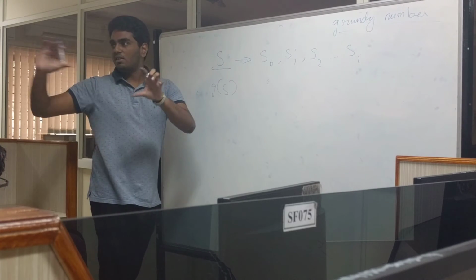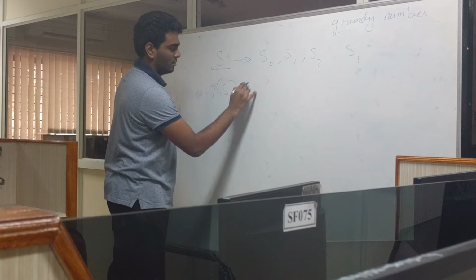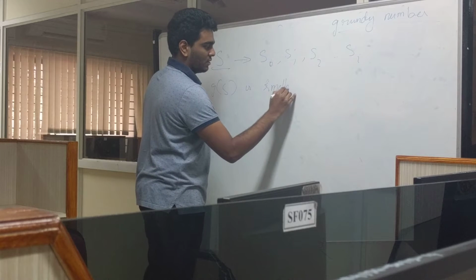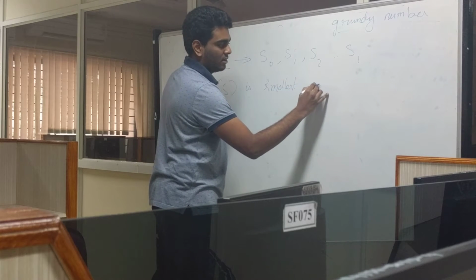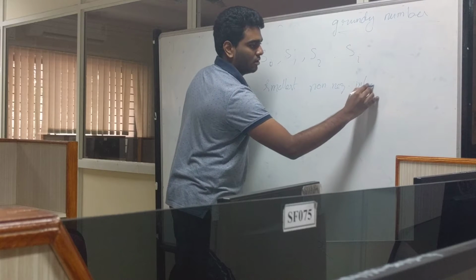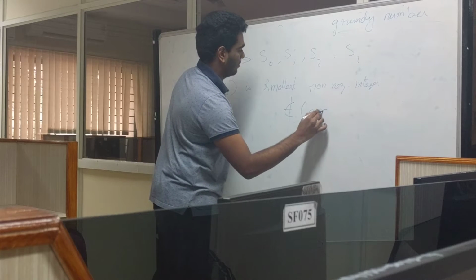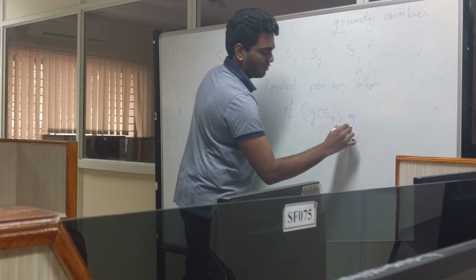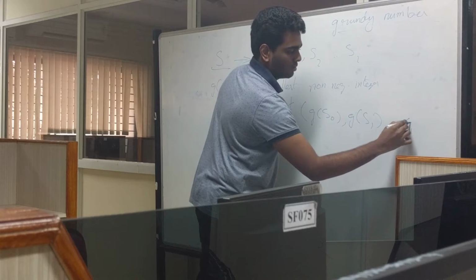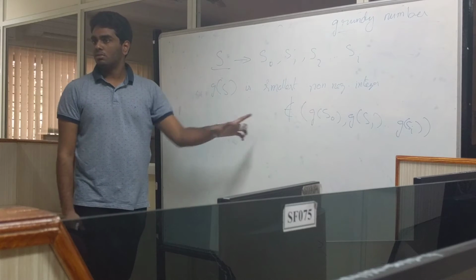G of S is the smallest non-negative integer which does not belong to G of S0, G of S1, and so on.